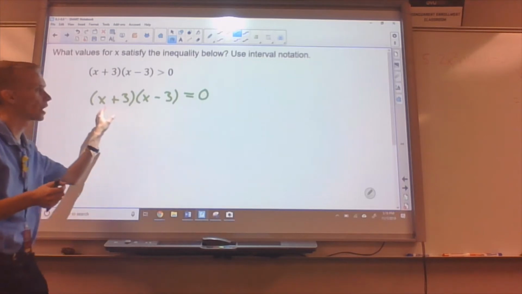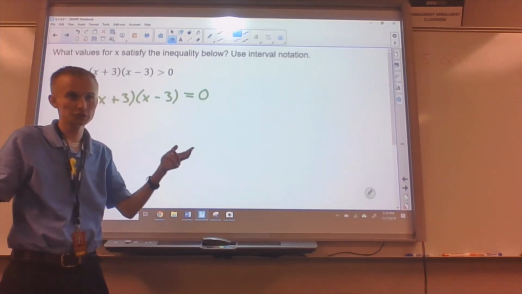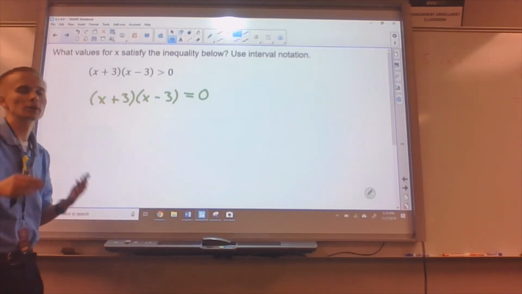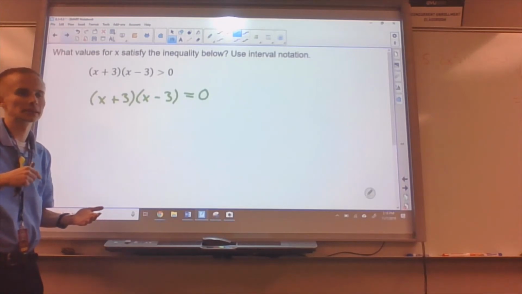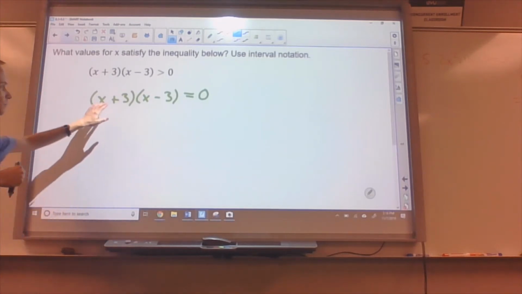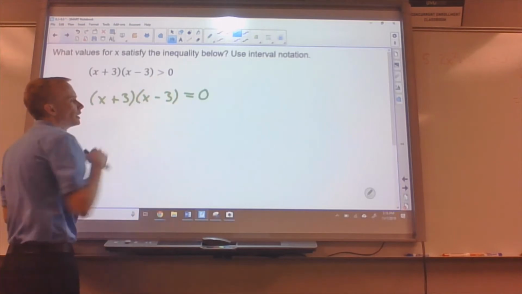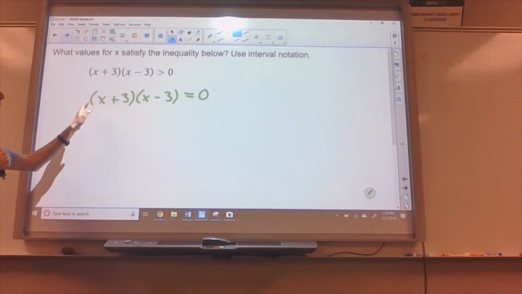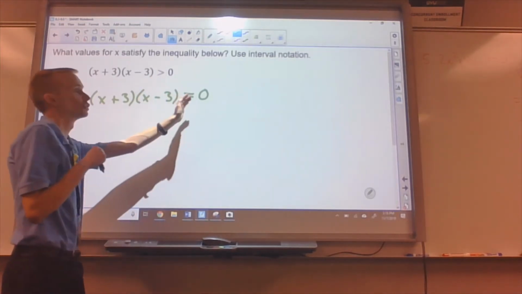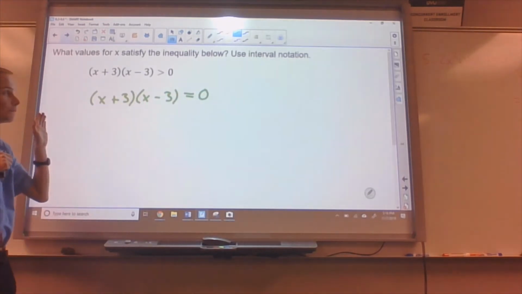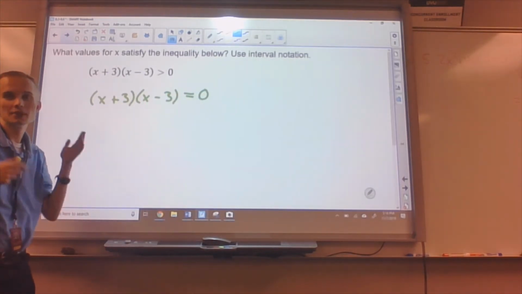And if we can figure out where it could change, we can figure out where it would be true and not be true, if that makes sense. So we're going to replace our inequality with an equal sign and think about what values of x solve this equation, right?